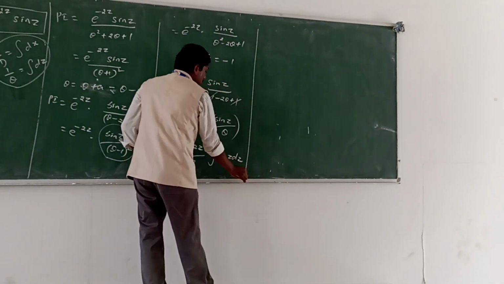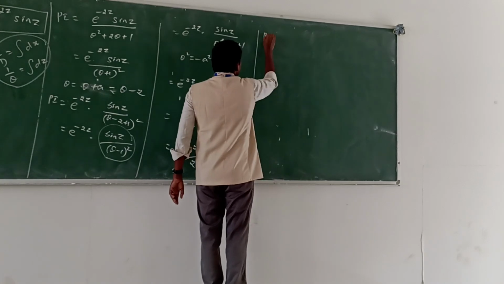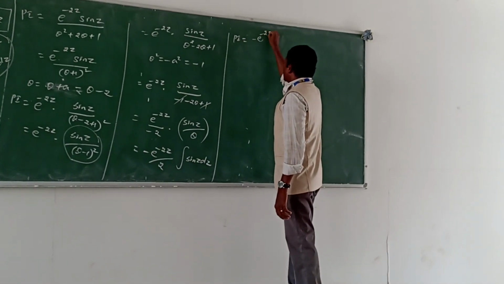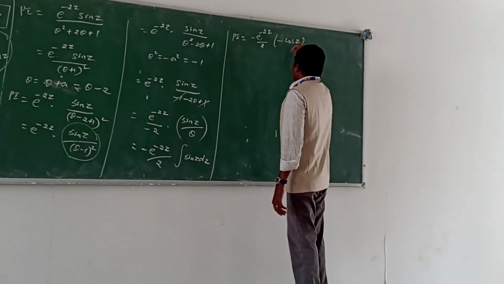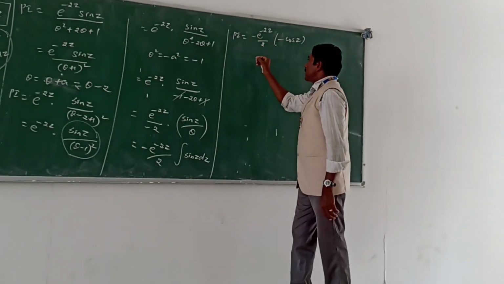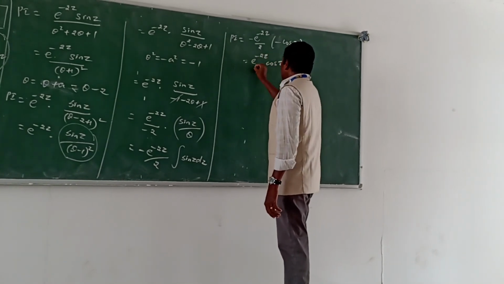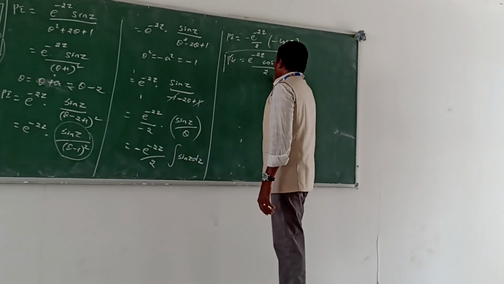Now the integral of sin z is minus cos z, then substituting: minus e power minus 2z by 2 into minus cos z, that is plus e power minus 2z into cos z by 2. This is the particular integral of the given problem.